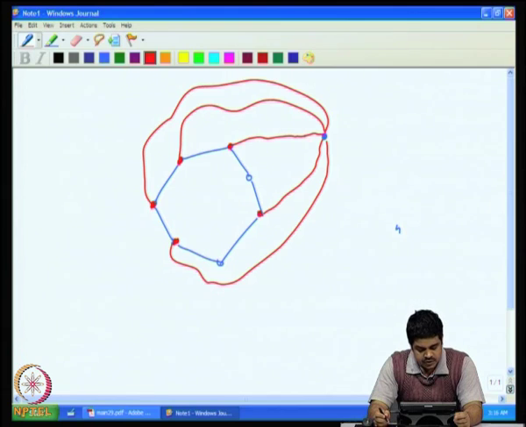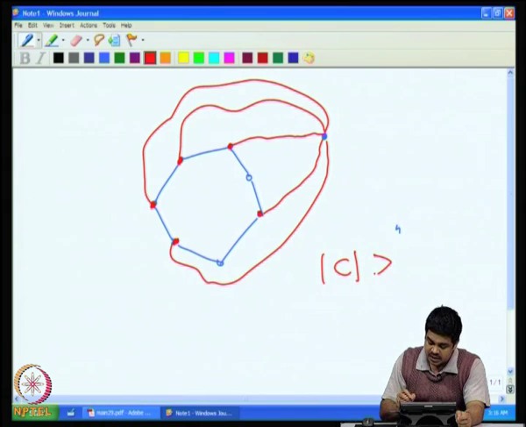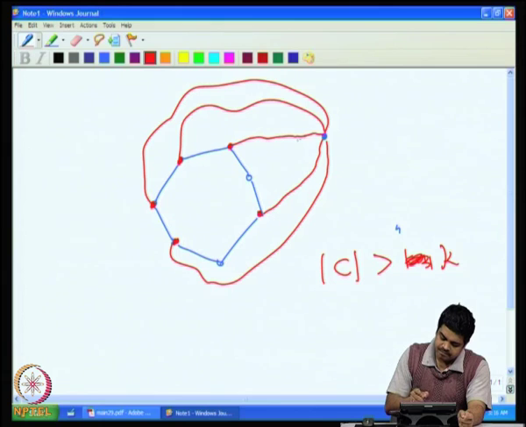Now, we notice that the cycle length has to be strictly greater than kappa, the connectivity, because if not, then you can get paths like this to all of them. In fact, it is not even necessary to get paths to all these vertices on the cycle.